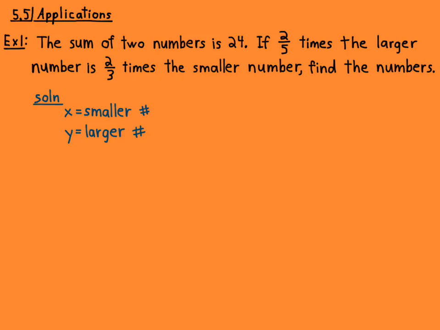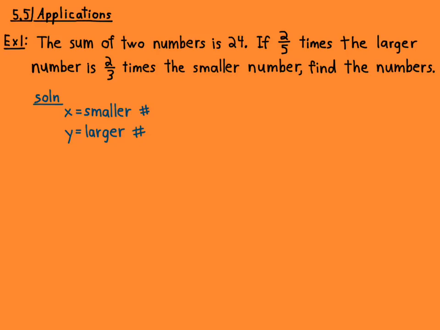Find the numbers. So I'm going to write down x for the smaller number and y for the larger number. Now, again, instead of y, you could use 24 minus x because their sum has to be 24. Whichever way you like better. I'm doing it this way because to me this is just easier, but you just have to get used to using two variables and then eliminating one of the variables, which is one of the skills that we need anyway.